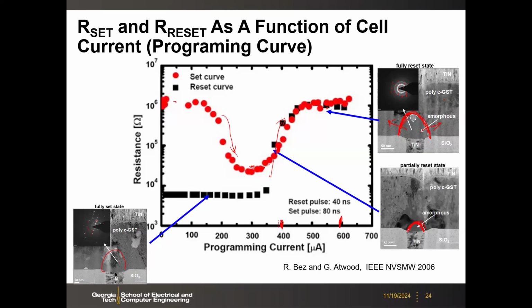If you go above this 400 microamp, again, it will reset right away, right? So you have to limit the current. For the set, for example, you have to limit the current below, let's say, 250 microamp. And for the reset, you want to make the current larger than 400 microamp. So the current amplitude will matter to determine the transition, high to low or low to high.